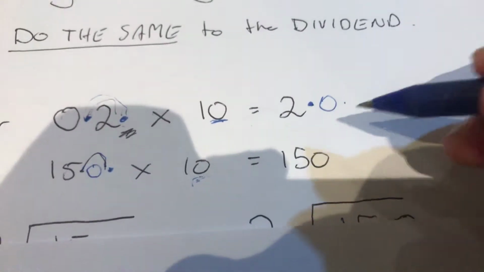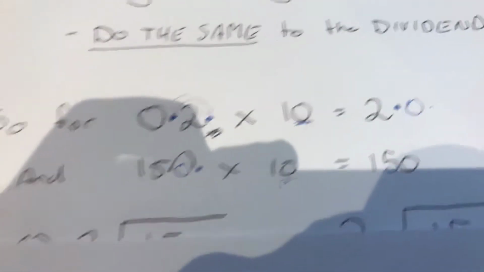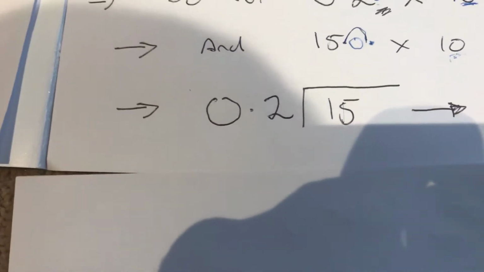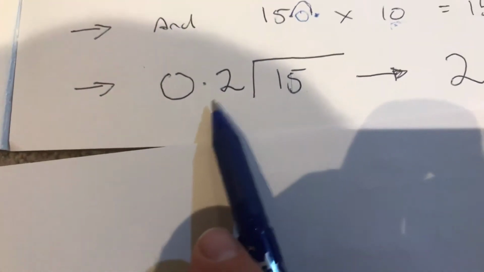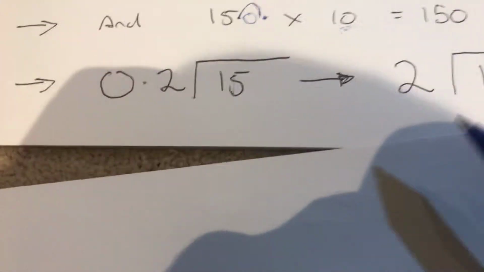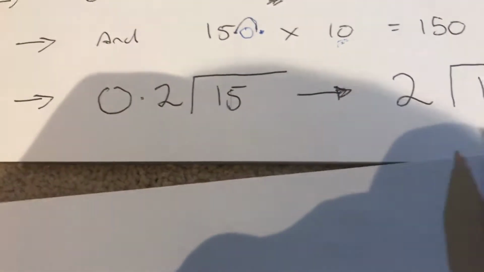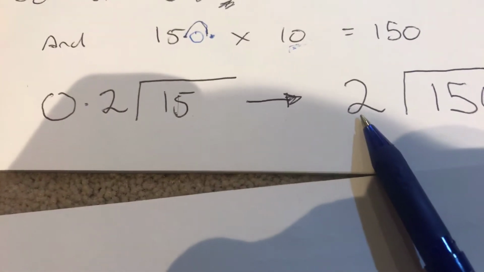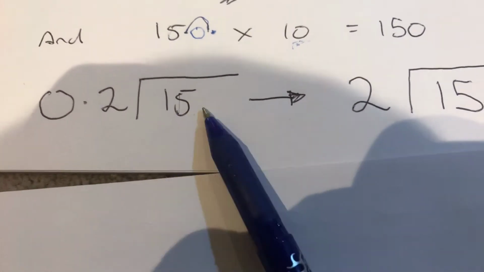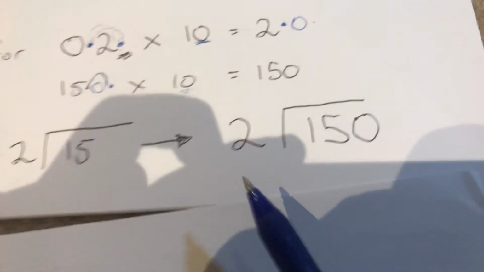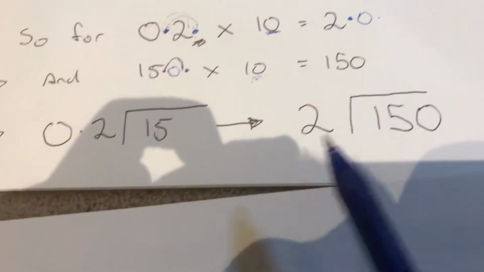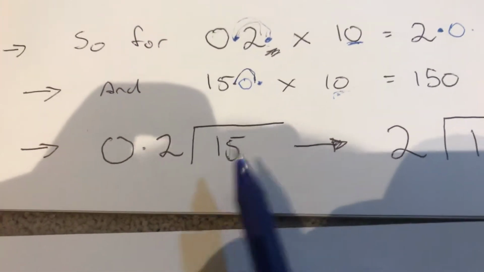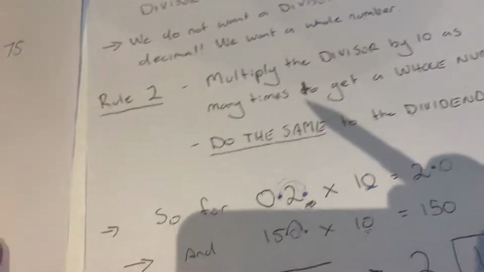So for the question 15 divided by 0.2, I want to convert that divisor to a whole number, which I've done by multiplying by 10, but I had to multiply the dividend by 10 as well. So if I divide 150 by 2, it will be the same answer as 15 divided by 0.2.